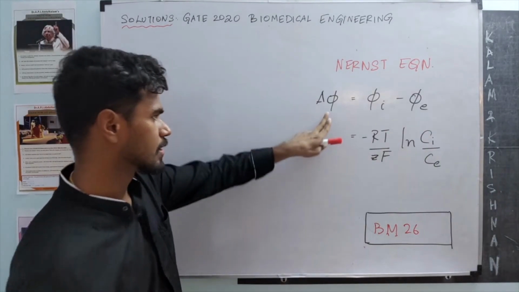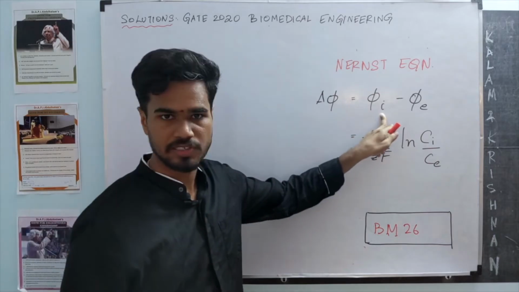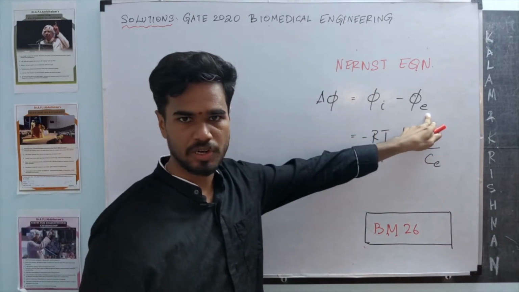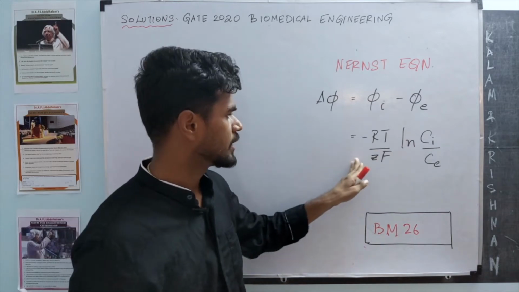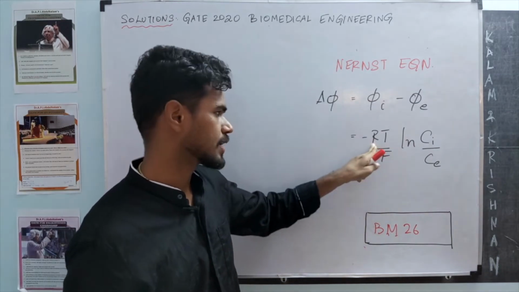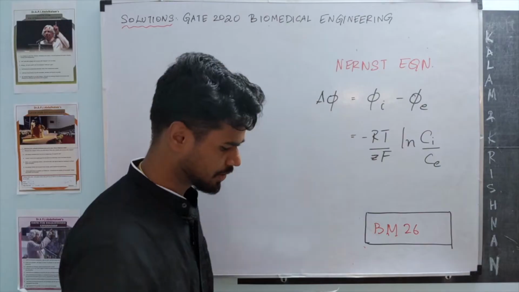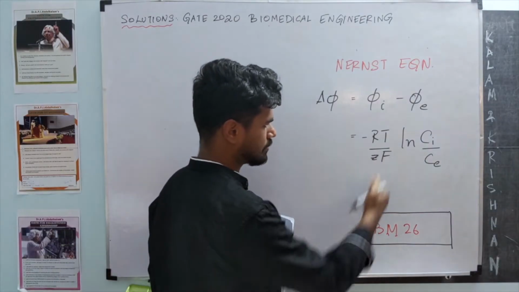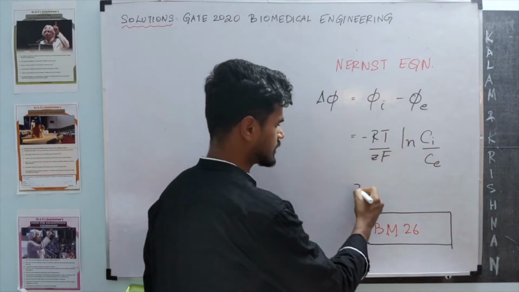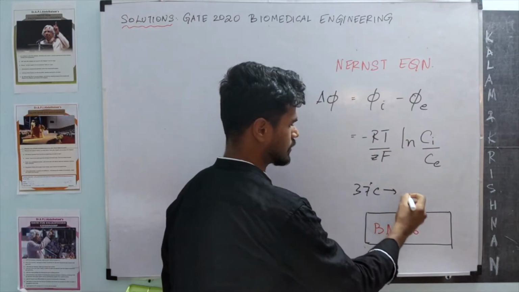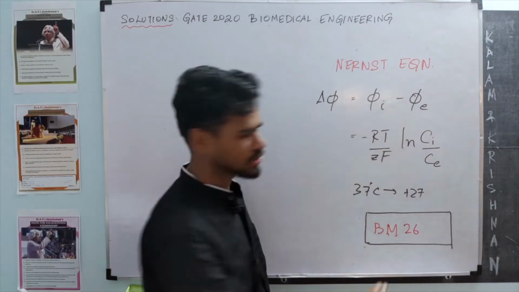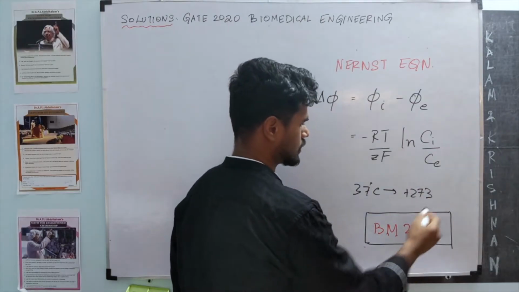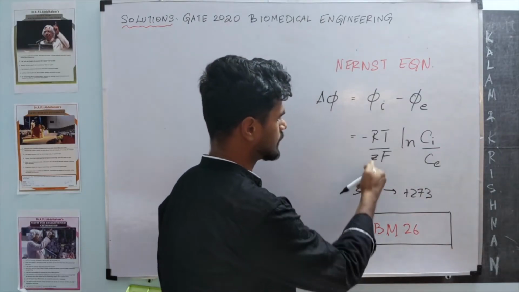Essentially the intracellular potential inside a cell minus the potential outside the cell, the extracellular potential, is given by minus RT over zF times ln of Ce by Ci. R is the gas constant, T is temperature. Make sure you substitute temperature in Kelvin. What is given is 37 degrees Celsius, so convert that by adding 273 to get it in Kelvin. Z is the valence.